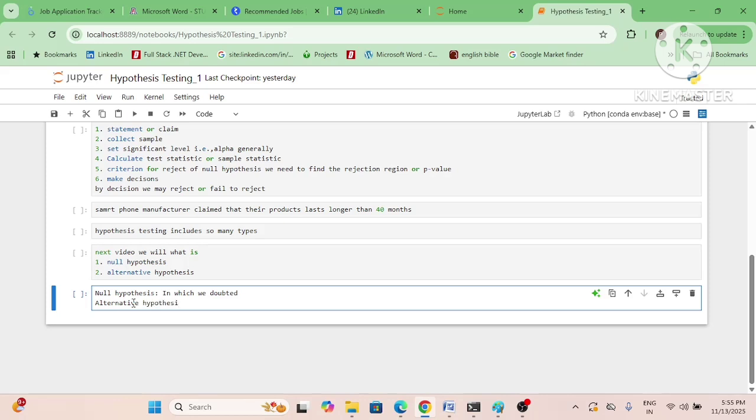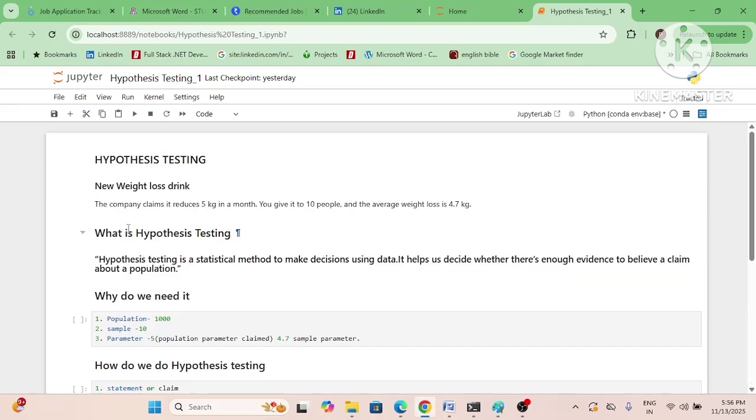Alternative hypothesis is the reverse. That means the one which we believe. Here the company claims that their weight loss drink reduces 5 kg in a month, but we are not believing that. We are suspecting, we are doubting that. That becomes the null hypothesis. Alternative hypothesis means we are believing it is not reducing 5 kg in a month.